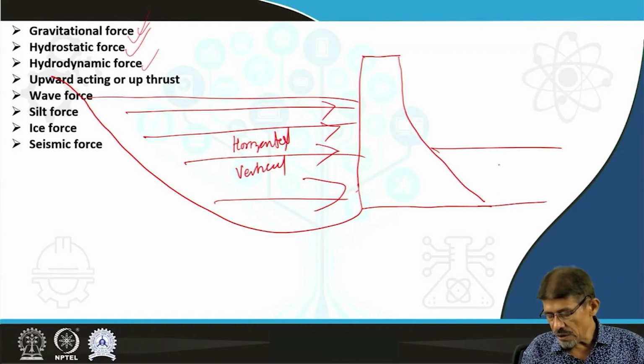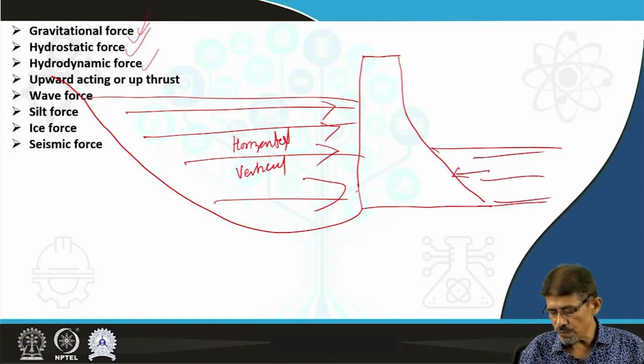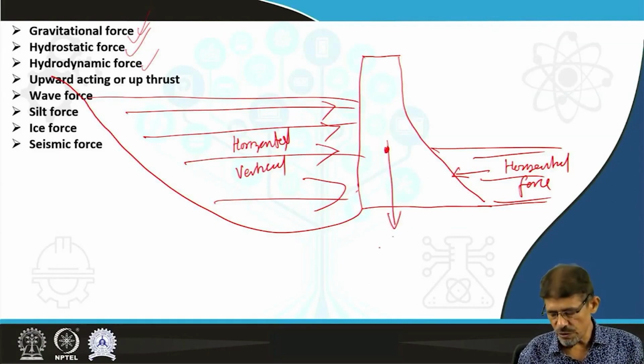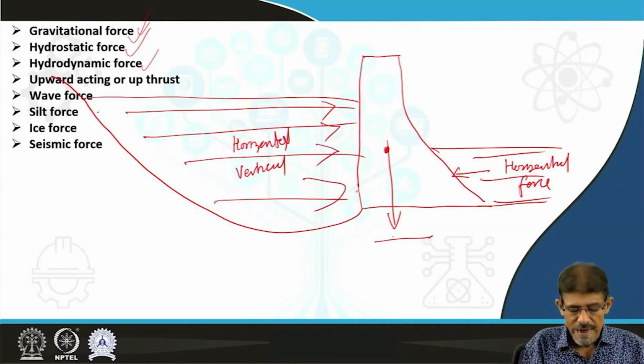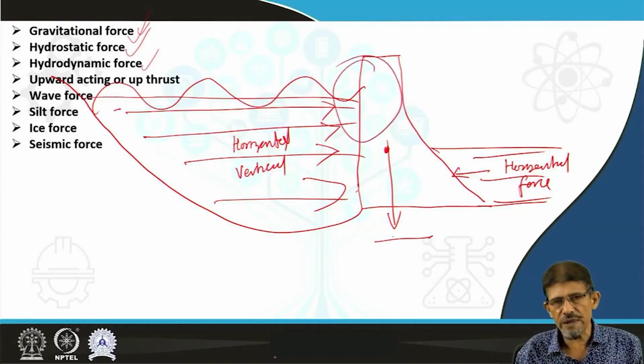Similarly, the water present on the tailwater side is also going to show some horizontal force or thrust. The weight of the structure is going to make some force toward the downward direction, and here the development of waves on the superficial parts is also going to affect this part.